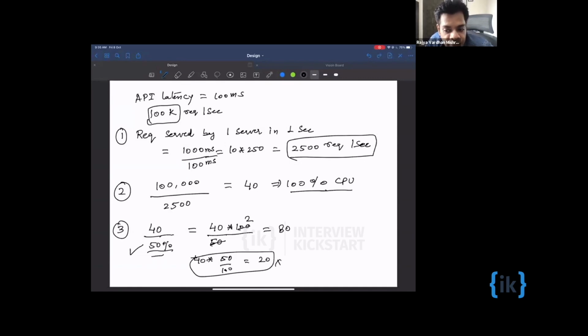And how many threads are there in one server? There are 250 threads that we have seen in the previous important numbers to remember. So that means one commodity server can serve 2000 requests per second.